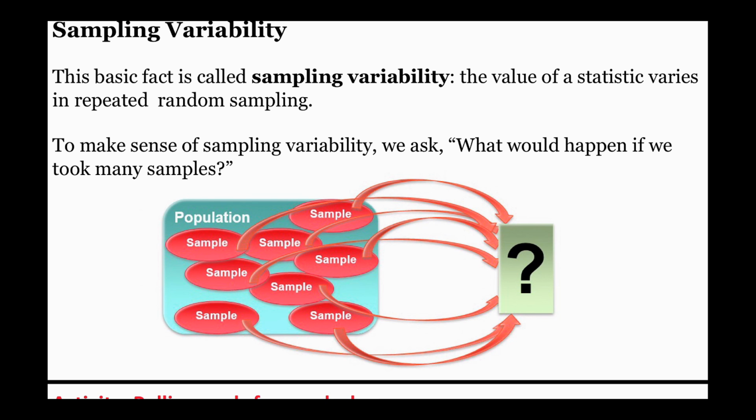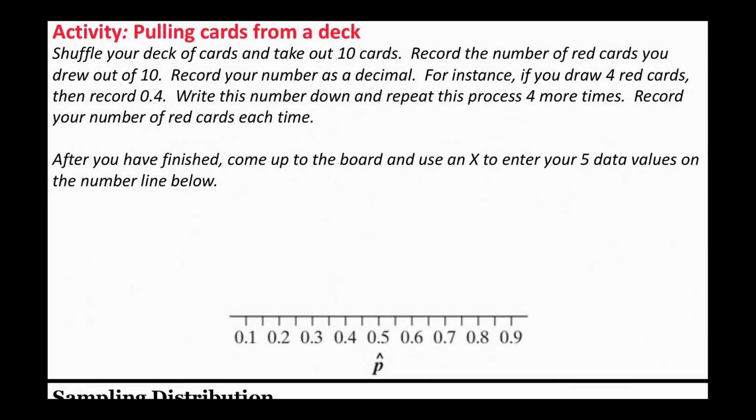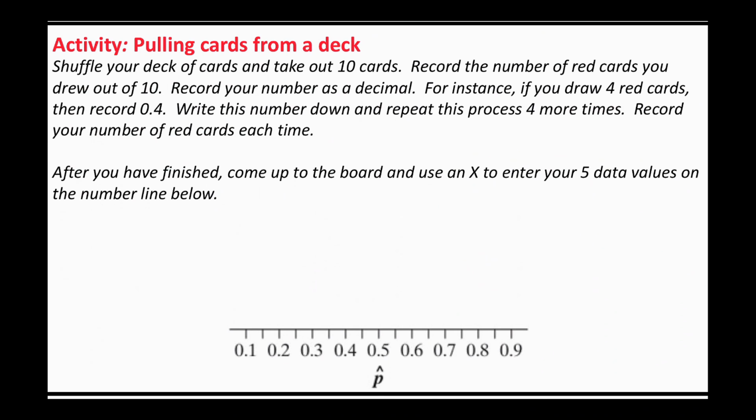Okay. All right, we're gonna do a little experiment here. I'm gonna give you a deck of cards. First thing, we're only gonna use the black and red ones. So take out the jokers and all those other things. I think those are still in here.